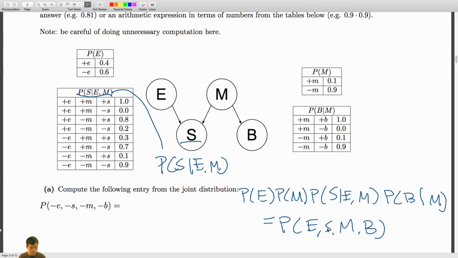In this case, we want the row that says minus E. So this is going to be the probability of minus E times the probability of minus M, times the probability of minus S given minus E and minus M, times the probability of minus B given minus M.